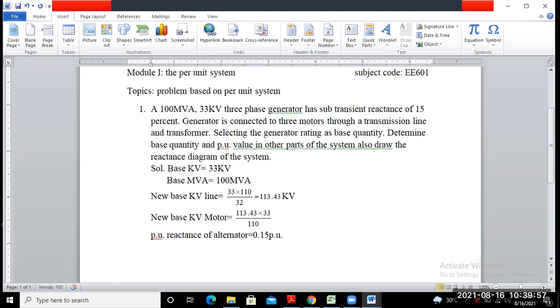Okay. Now just convert the per unit reactance of the transformer. Per unit reactance of the transformer is given as 8%. So maybe note that the MVA rating of the transformer is 110 MVA, and the formula is MVA new by MVA old into kilovolt old by kilovolt new. So the transformer rating is given to you here.